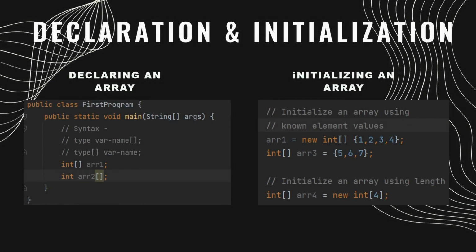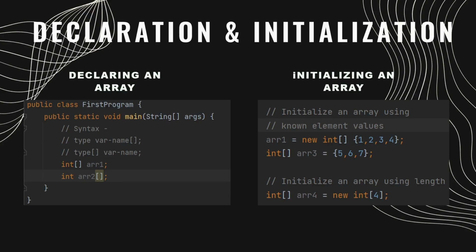When declaring an array, you use the basic syntax, data type, followed by square brackets with a space, and then the array name. Alternatively, you can place the brackets after the array name and it will function the same way. To initialize an array, you can use the following methods. The new keyword is utilized to create a new array object with specified initial values.